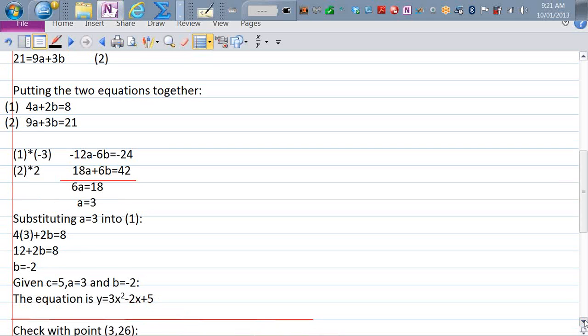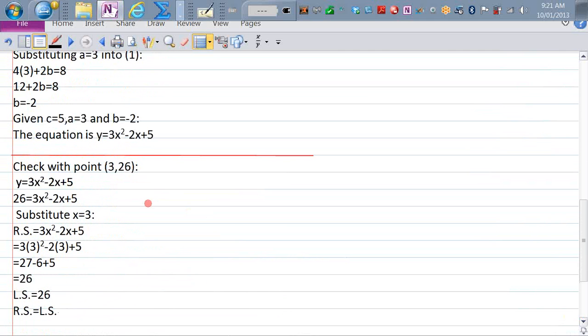Now, to check this, we just choose one of the points, (3, 26). So y should be 26 when x is 3. We're going to take this equation, the right side, and substitute x equals 3.